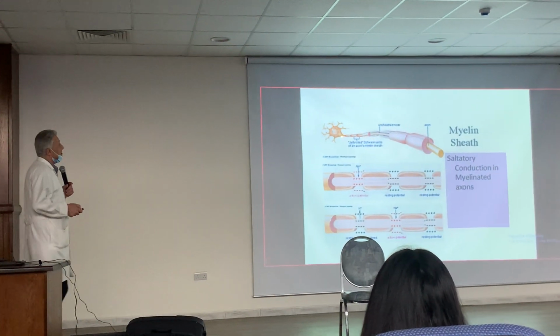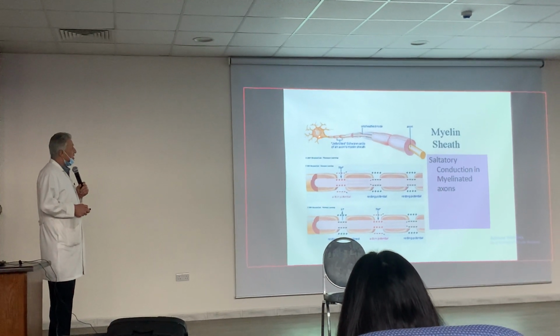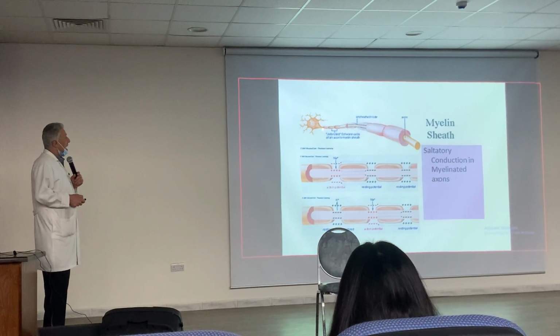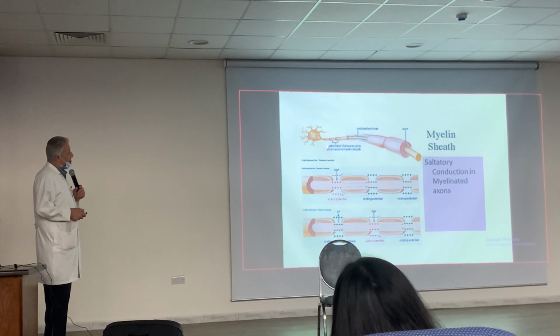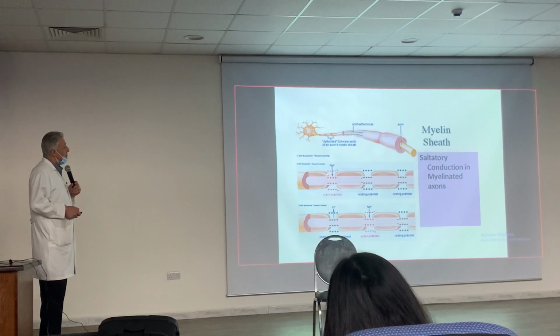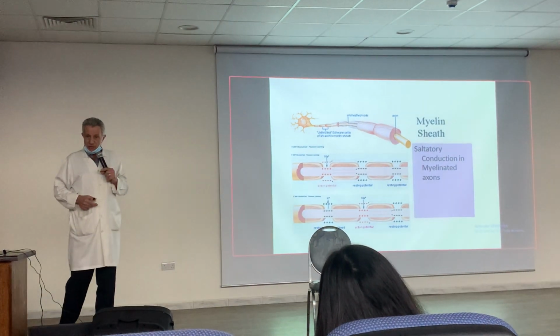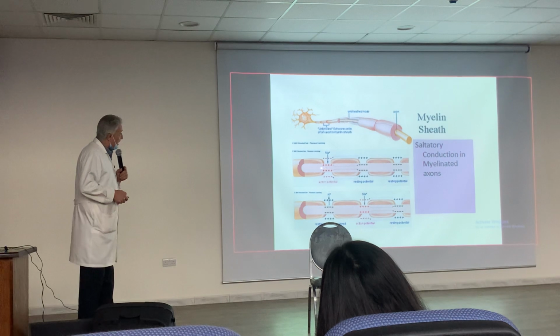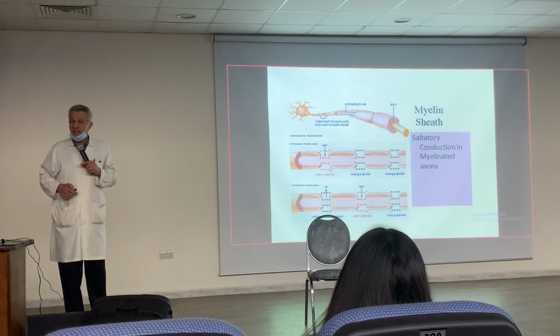Now in myelinated fibers, what happens? The same thing actually. We have at the axon hillock here an action potential developed. We have the myelin sheath, but we have a part of the membrane here which is exposed to the extracellular fluid, polarized as you see, so it is negative inside, positive outside.